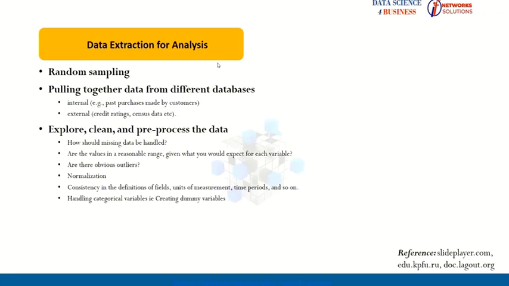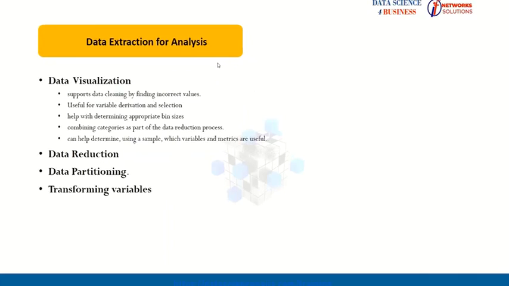Okay, so still on extraction for analysis, we have visualization. There are several reasons why you might want to visualize. You can also visualize even for outliers. Then you can determine maybe the category of your data is not properly categorized yet. You might want to use visualization to take care of that.